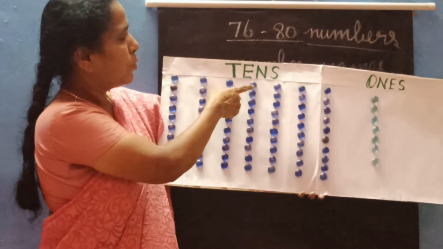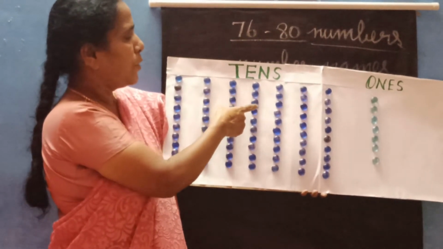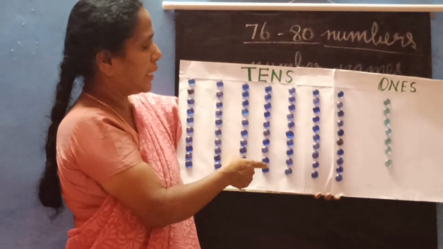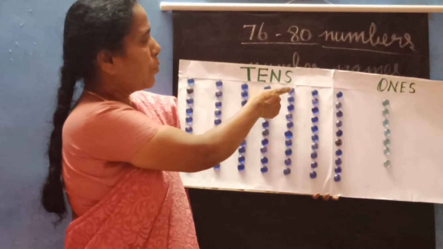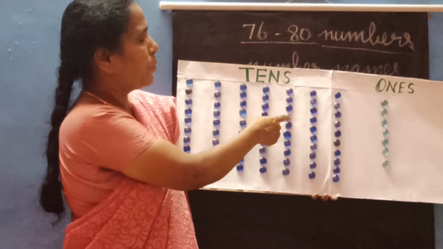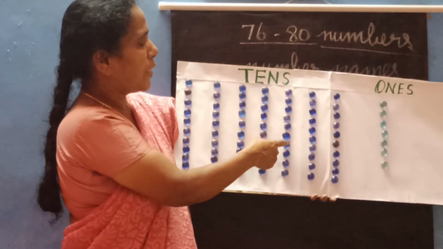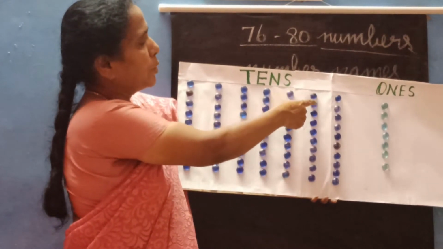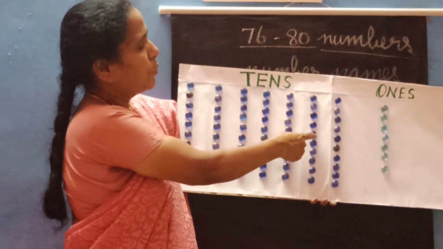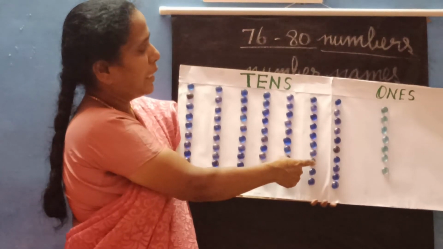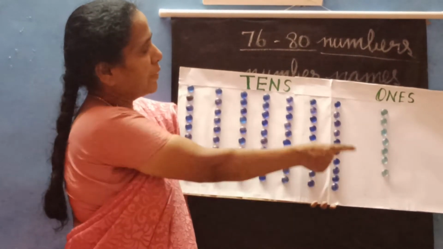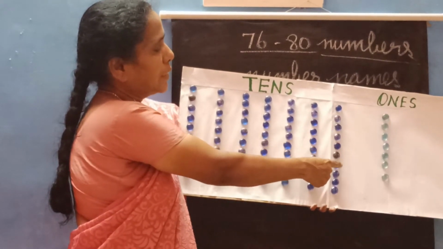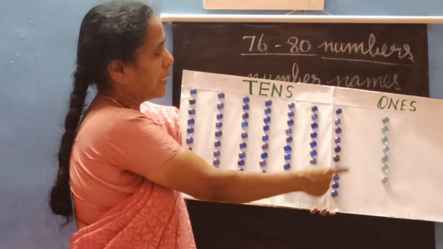The fourth column, 1 to 10. The fifth column, 1 to 10. The sixth column, 1 to 10. The seventh column, 1 to 10.